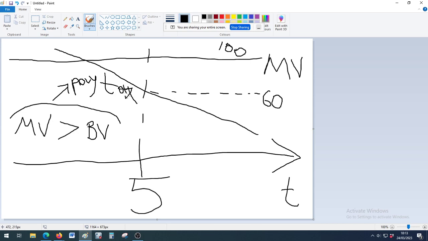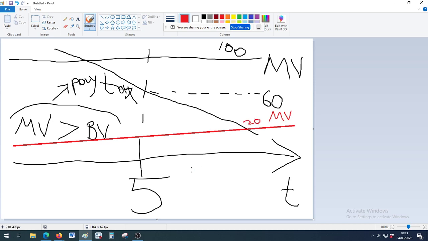But if the condition of the car is very poor, in another situation, so let's have another color. If the market value is very low right here, in red, market value, let's call it 20,000.